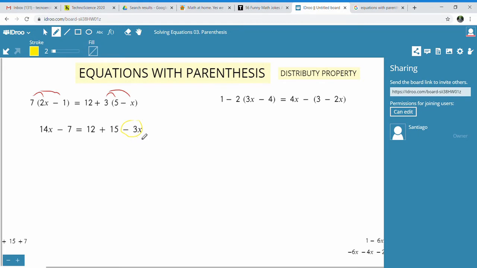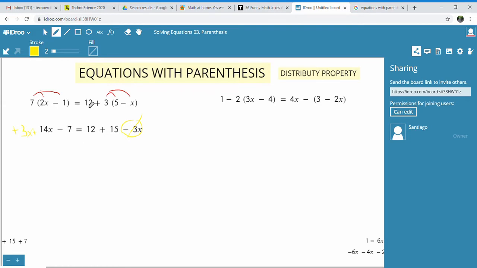So what do I have to do? I have to add 3x in both sides of the equation. So if I add 3x in both sides, when I add 3x to this, it disappears, and I have here plus 3x, 14x.